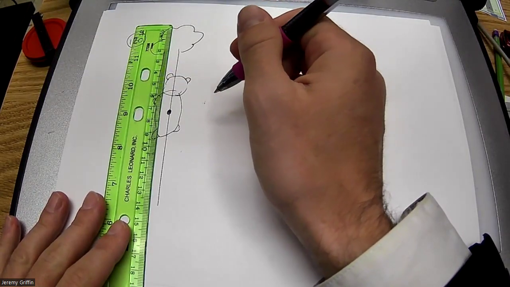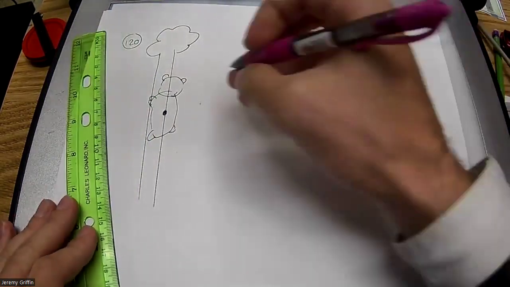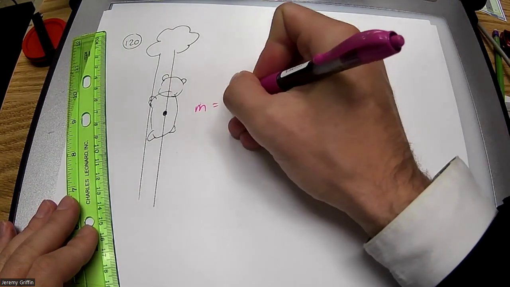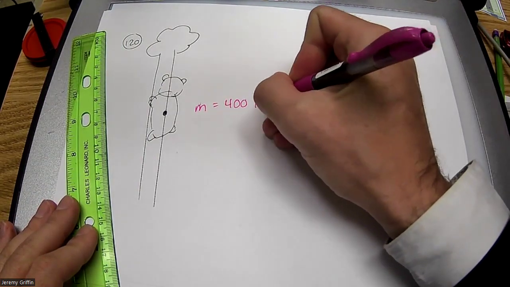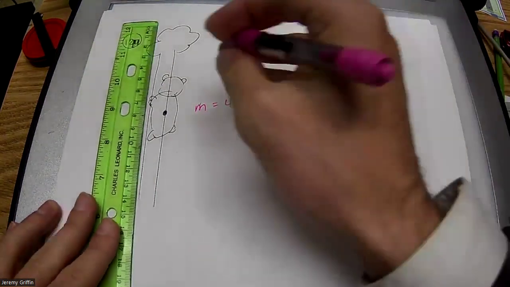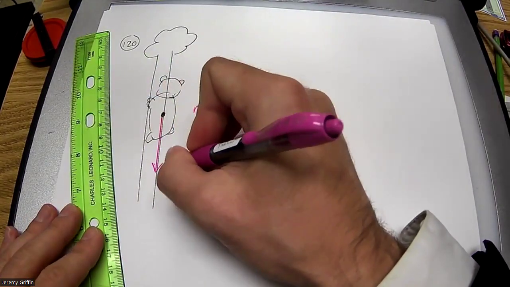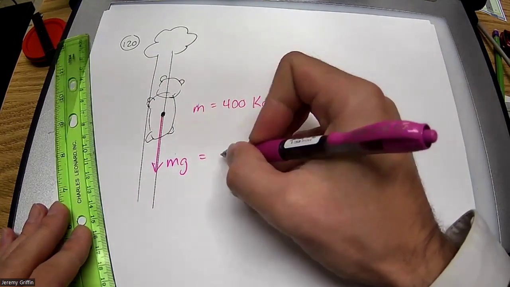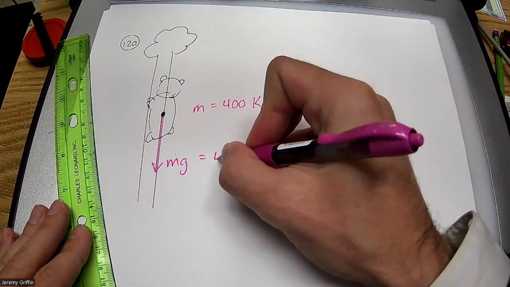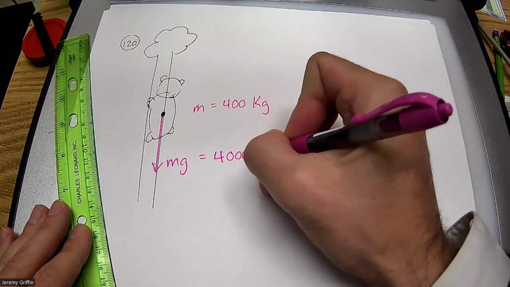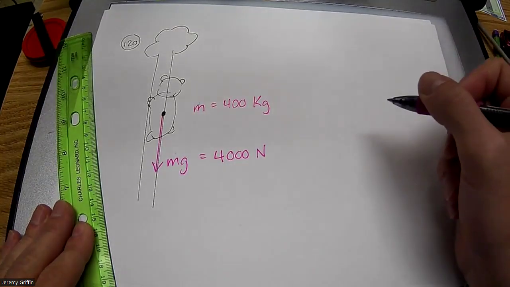Let's say his weight was. We got his mass is 400 kilograms. All right, so what is this bear's weight equal to? About 4,000 newtons. You guys think 4,000 newtons?